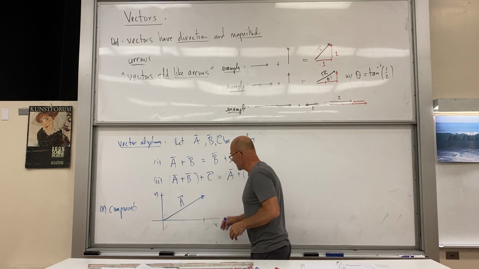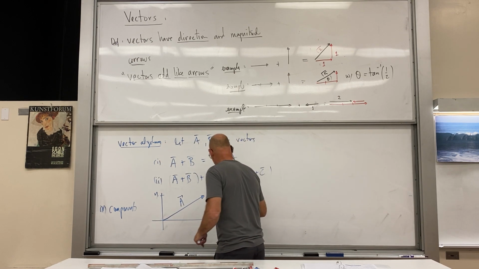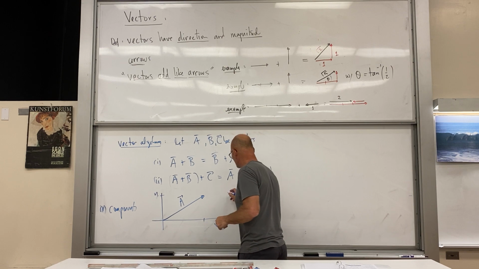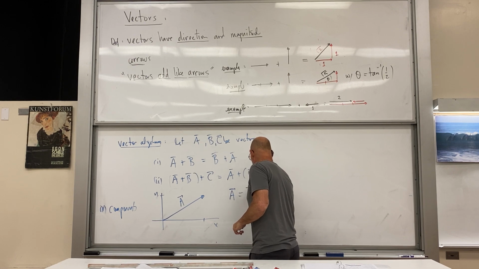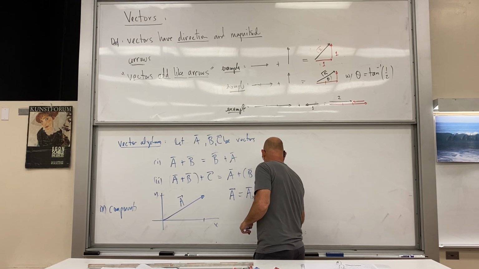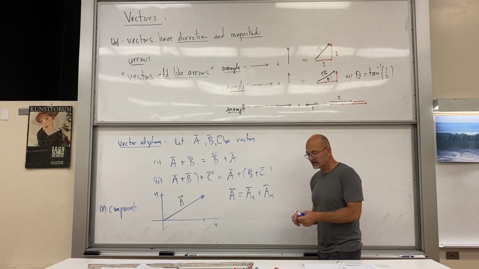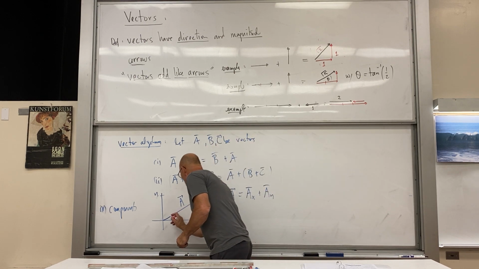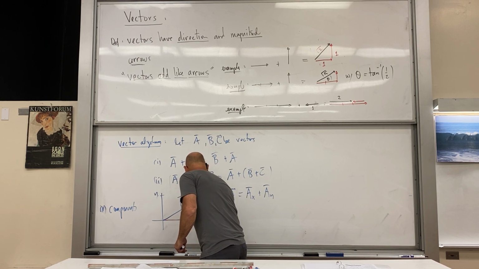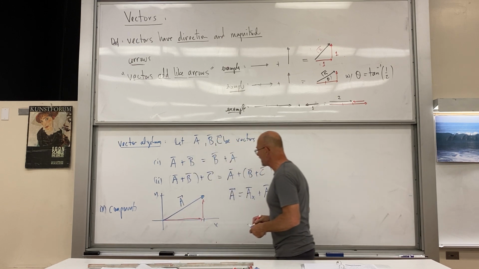So there's X and Y, and you can see that there would be an A sub X in a Cartesian coordinate system. We could have A equals A sub X plus A sub Y. If I think of these as vectors, I'll do these in red. We'd be coming across here, A sub X, A sub Y.